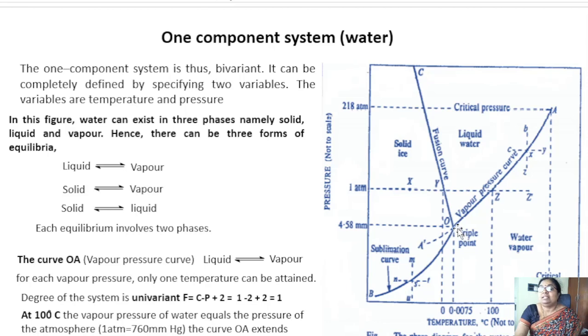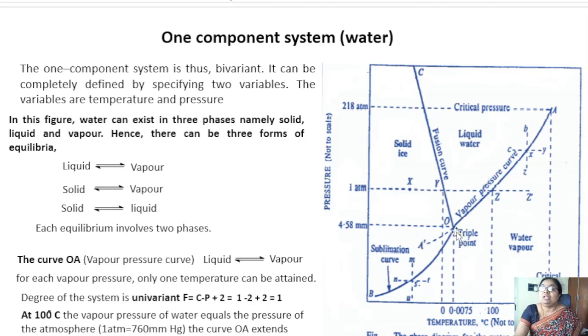Until then it is an invariant system; then it is converted into a univariant system, and with further increase of temperature the curve extends along the OA curve.